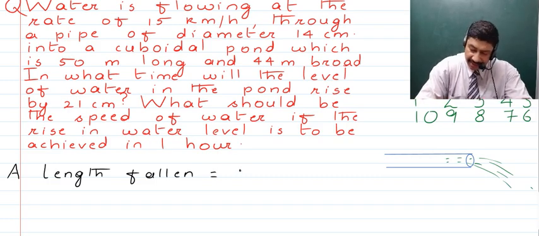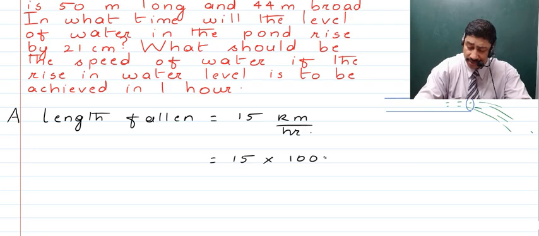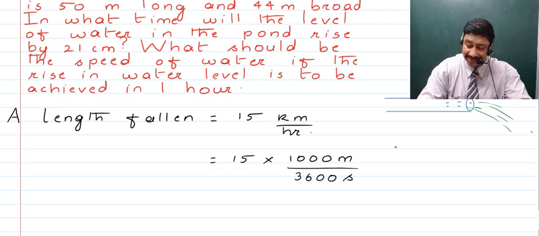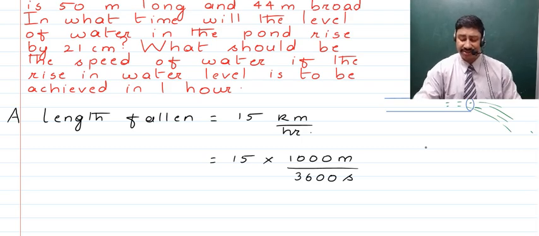That is 15 kilometer per hour. Now as I told you, we are going to convert this to meter per second. So this can be written as 15 into, as 1 kilometer is equal to 1000 meters, so into 1000, and this is going to be divided by 3600 seconds, as 1 hour has 60 minutes and 1 minute has 60 seconds. So 60 into 60, that is 3600.